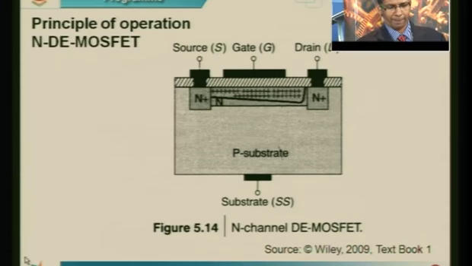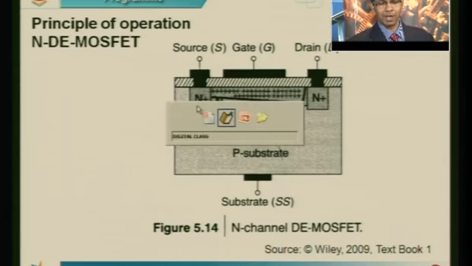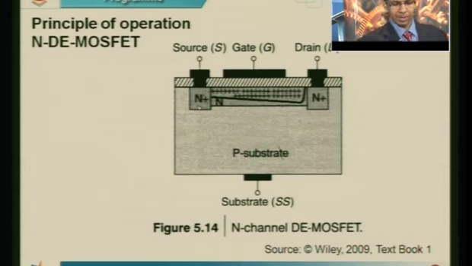I should reduce the gate to source voltage so that this particular region over here, which was already having a channel there. Channel means what? The channel is made up of N type. Now, if I connect a negative voltage here, what will then happen?